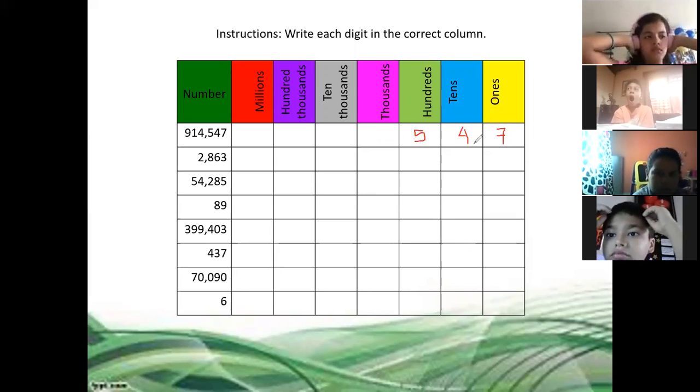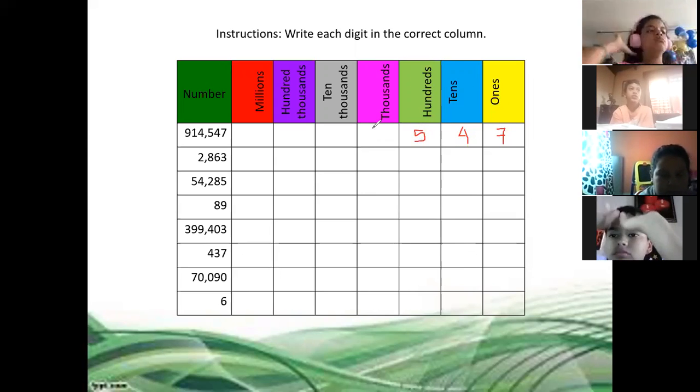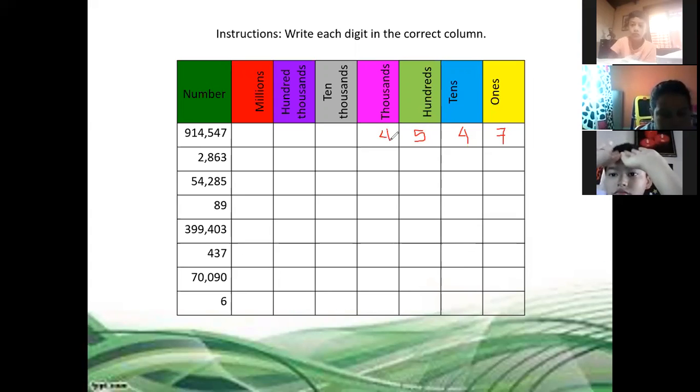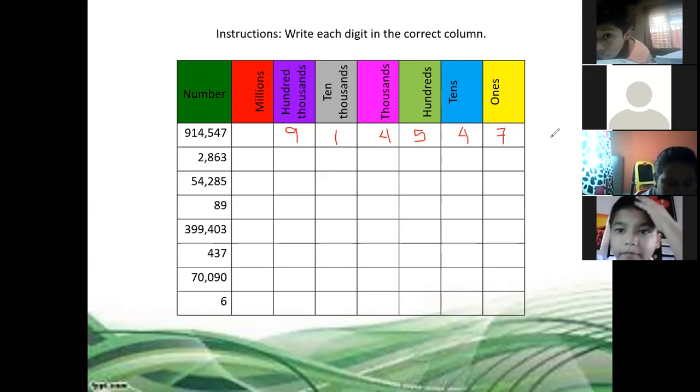So the number 7 is ones, 4 tens, 500, 4,000, 10,000, and 900,000. Do we have millions? No, it doesn't have millions.